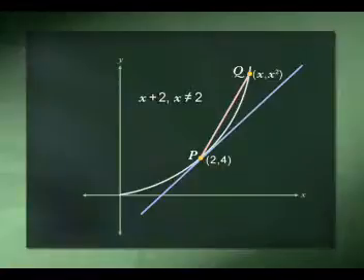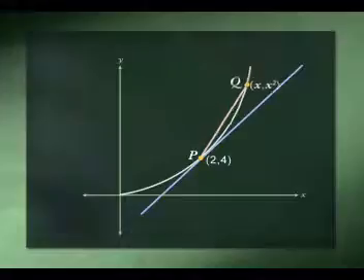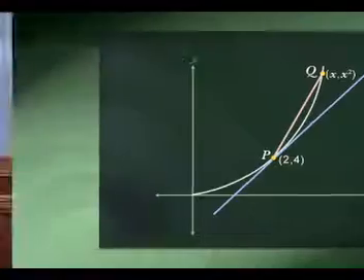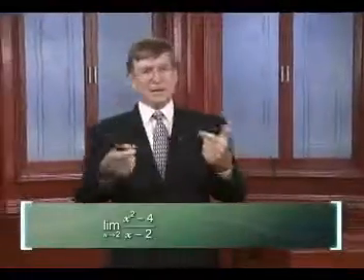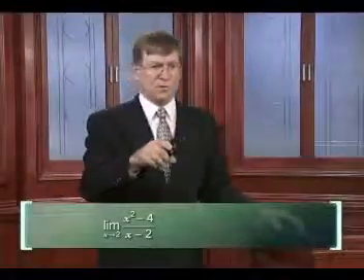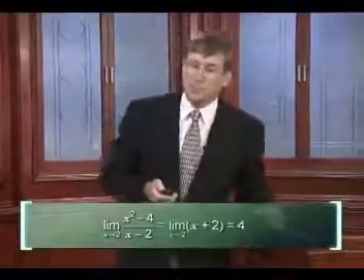And then we made the following observations. As Q approaches P, the secant line PQ approaches the tangent line at P, and that's equivalent to saying that x gets closer and closer to 2, and then we said the limit as x approaches 2 of x squared minus 4 over x minus 2 equals 4.